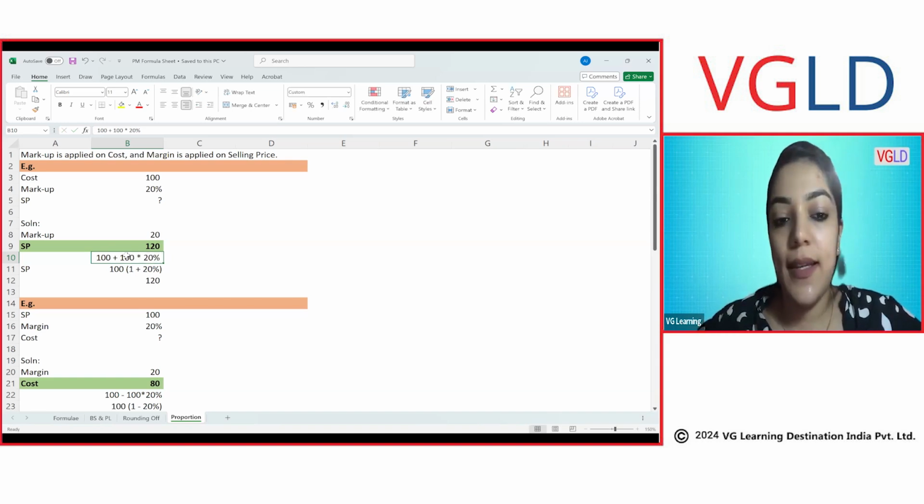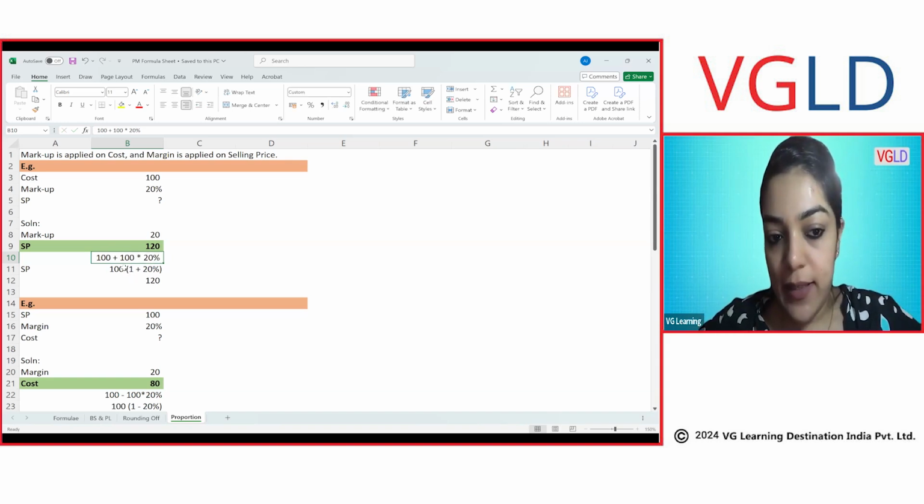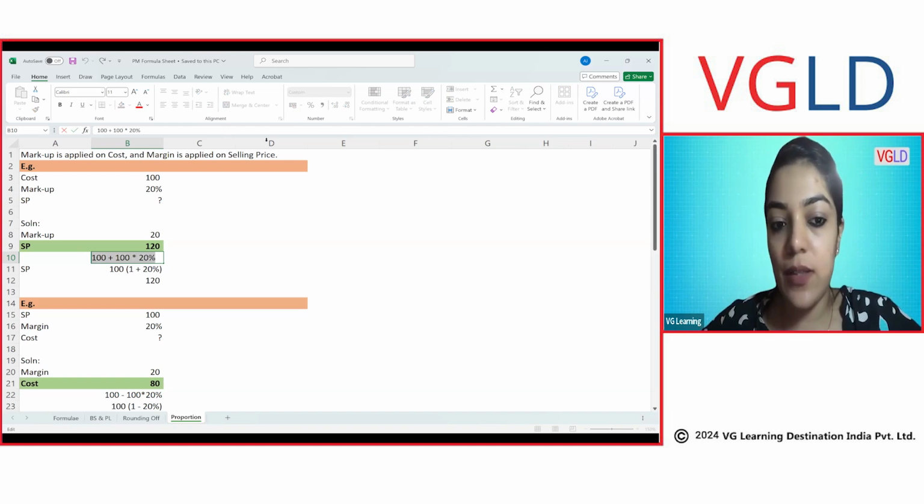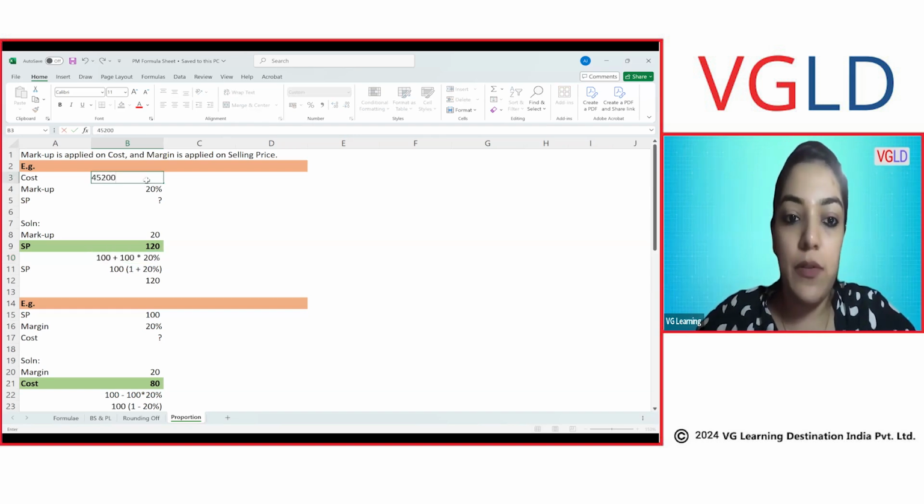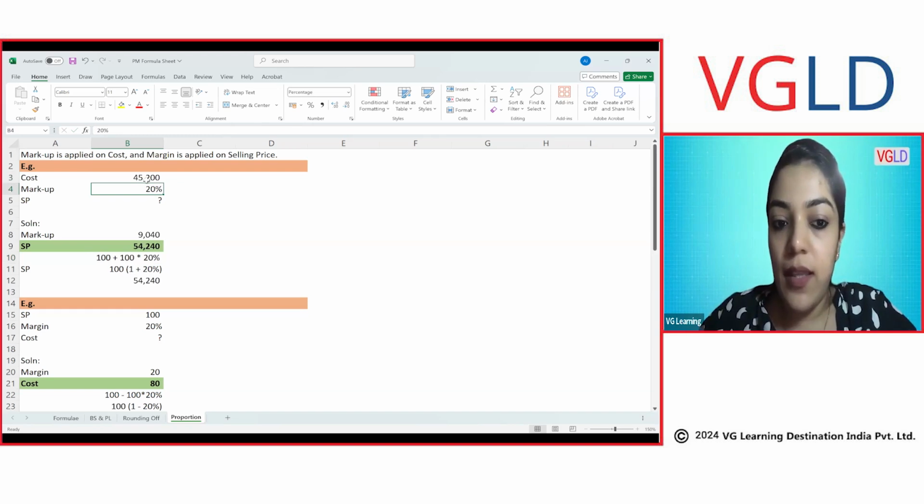Now, can I write it like this? How many of you did it using this formula? I saw some of you respond and you did 100 into 1.2. Very good. Anyone who did it using this approach in mind, maybe if I had complicated the number and put 45,200, then maybe you would have done this.